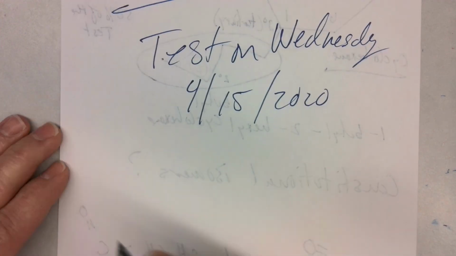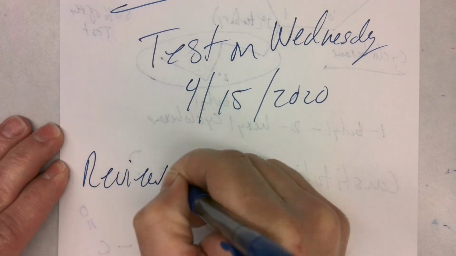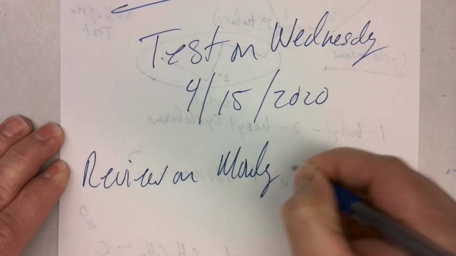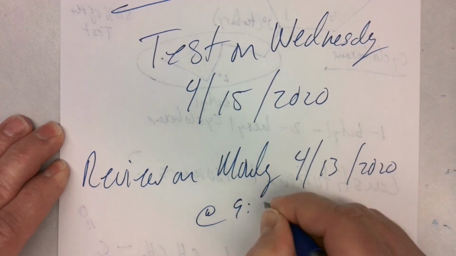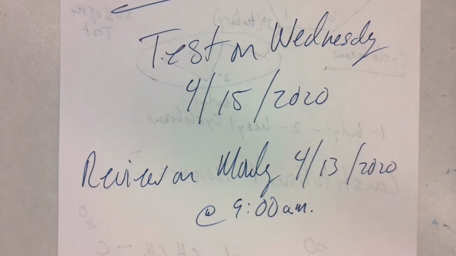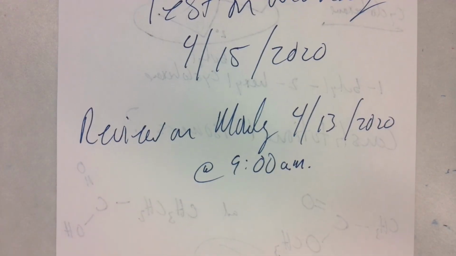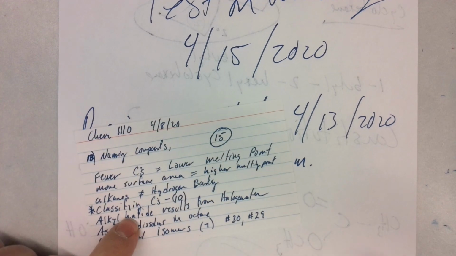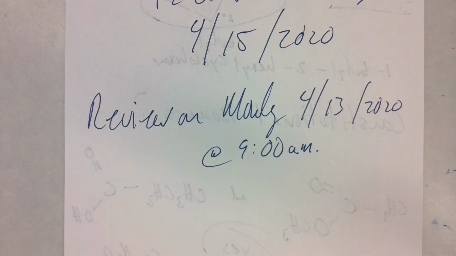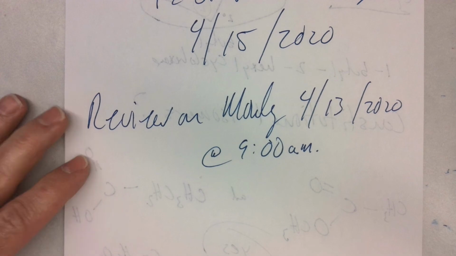So what that means then, while we're at it, is we're going to review on Monday 4/13 at 9 a.m. Okay? Are you going to be able to review the hour before the test too or no? Yeah, so what we'll do is I'll go a full-on note card review on Monday, and then we'll go another review Wednesday at 9, test 10 to 12.